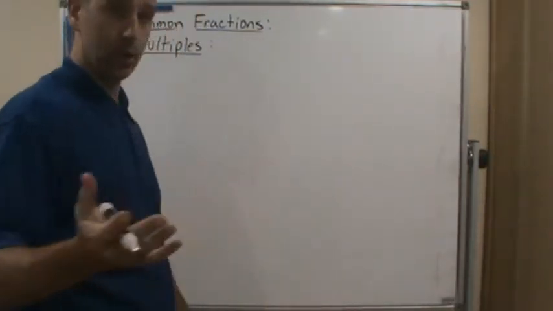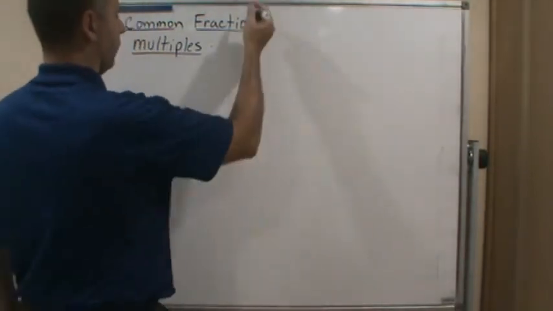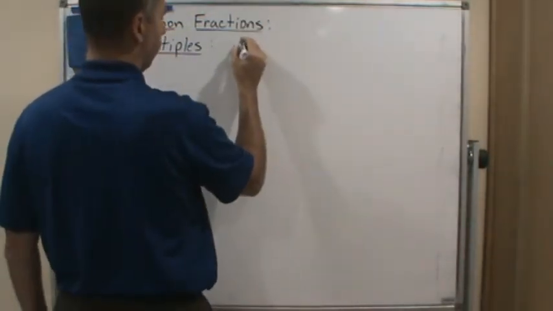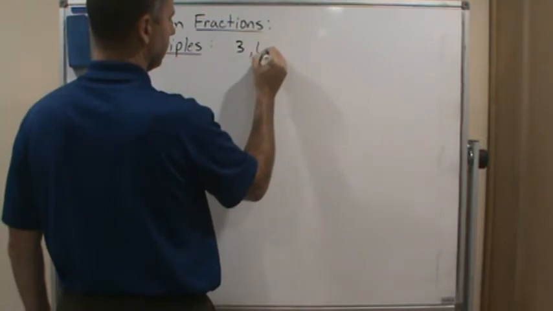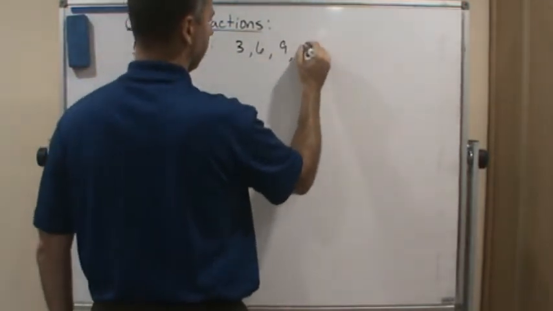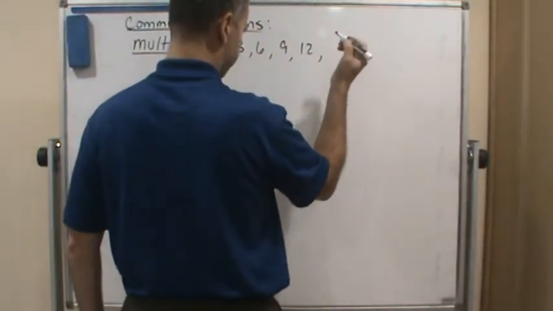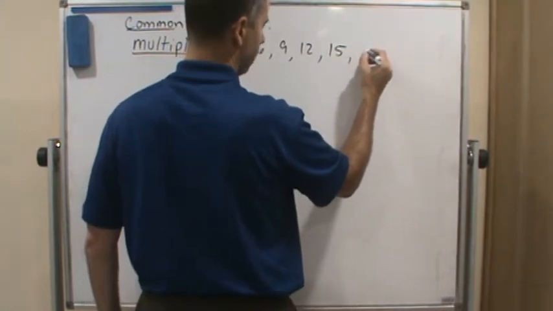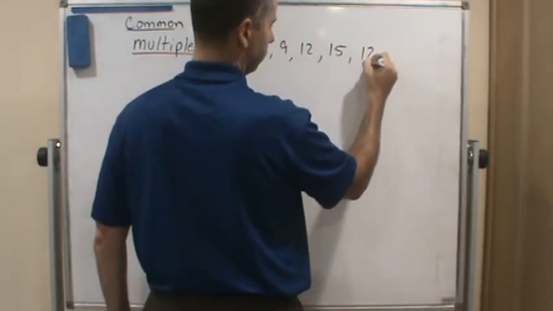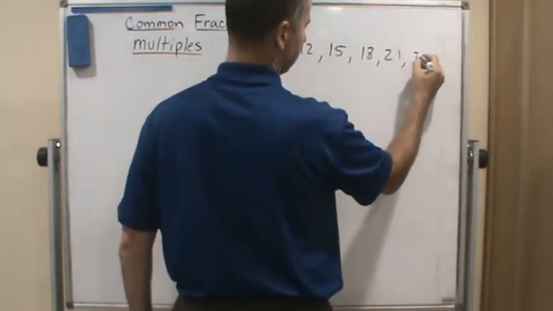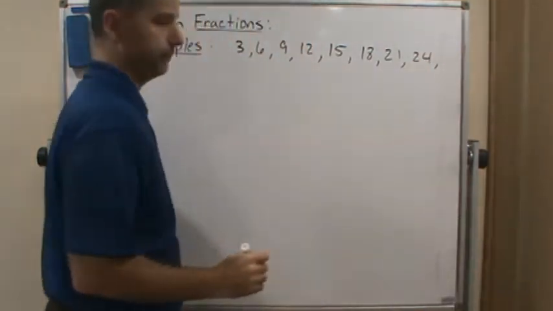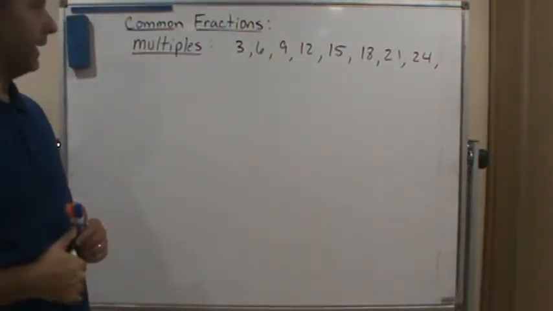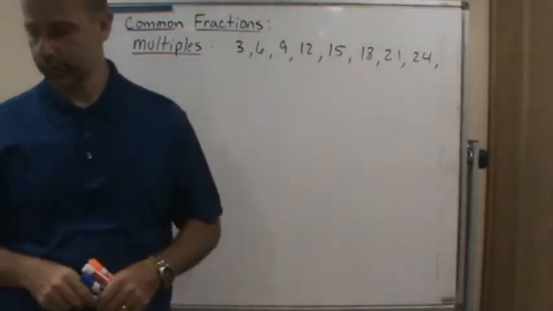Let's talk about the multiples of 3. The multiples of 3 are 3, 6, 9, 12, 15, and so on, right?